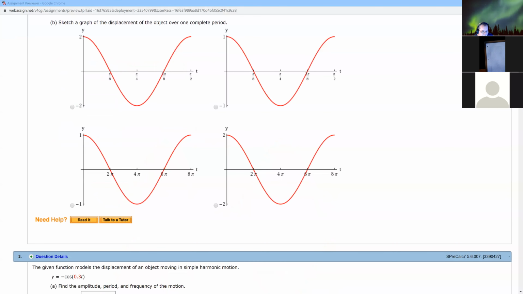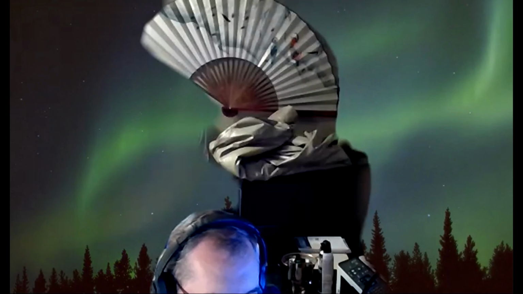Let's stop that for a second. See, I could have sworn I had the right page open. No. Trust me. Got the wrong page open.